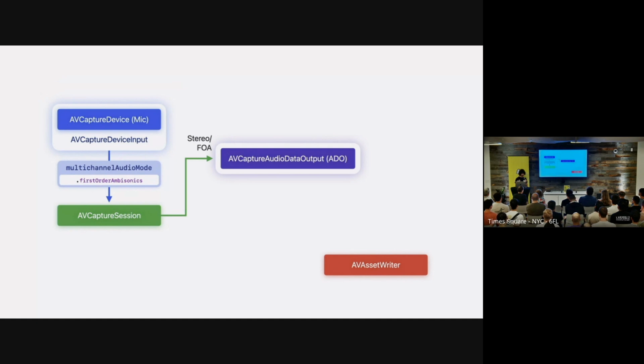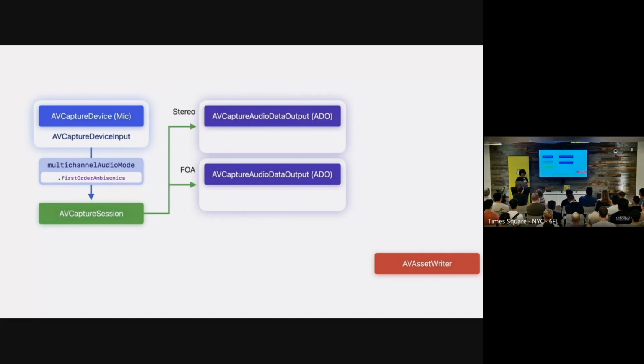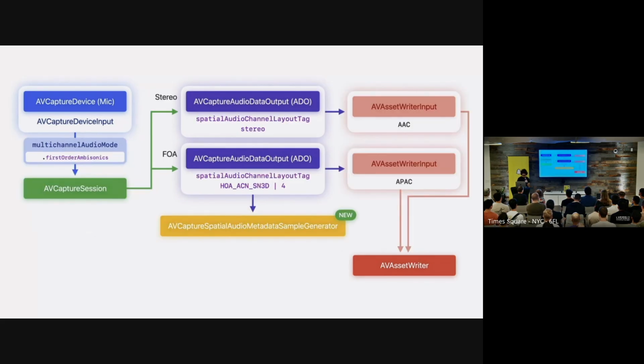If you just record a regular capture session, you'd get stereo. If you want to record spatial audio, you'll get both stereo and the FOA. There are some new tags that were added with iOS 26.